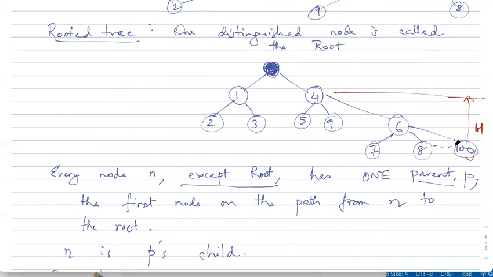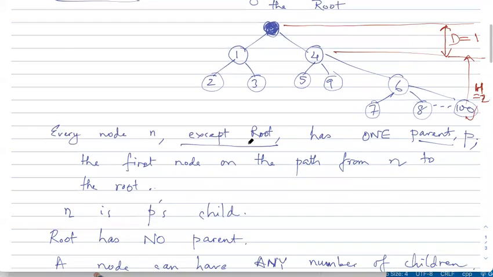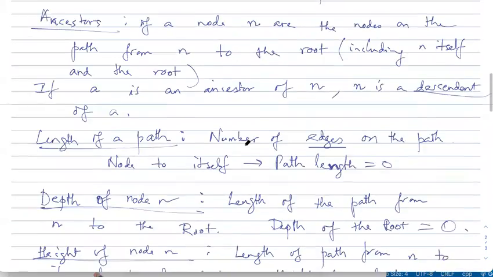The deepest node is not 9, it is somewhere down here, 7, 8, 100, and so on. And for the depth of 4, we look from the root, so it is only 1. So d is equal to 1 and height is equal to 2 for the node 4. Okay.